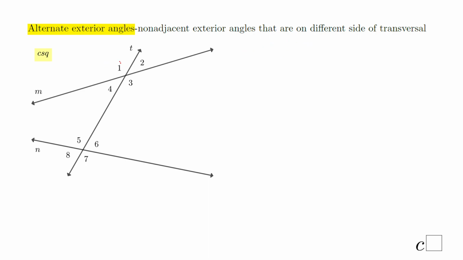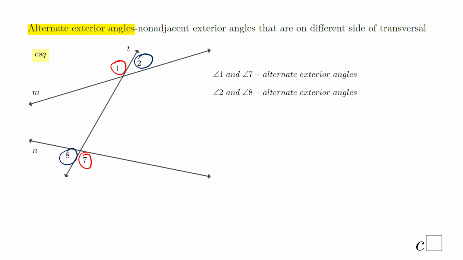So if I say 1, I hope you're going to say 7, because these two angles are exterior angles. They are not adjacent, and they are on different sides of the transversal. Which one is the other pair? If you said 2 and 8 in your mind, that is correct. These are the two pairs that we call alternate exterior angles.